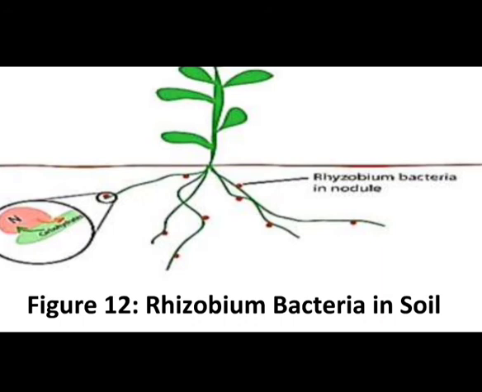So Rhizobium bacteria is getting nourishment and shelter from the leguminous plant, whereas leguminous plant in turn is getting nitrogen, because these bacteria, they convert the atmospheric nitrogen into usable form, and this usable form is generally in the form of nitrate and nitrite, which is soluble in water. So through water, plants uptake nitrogen.